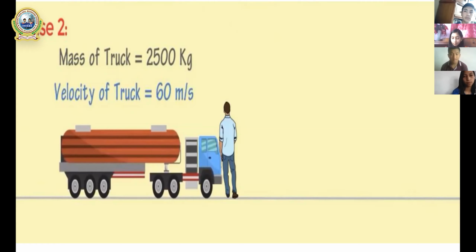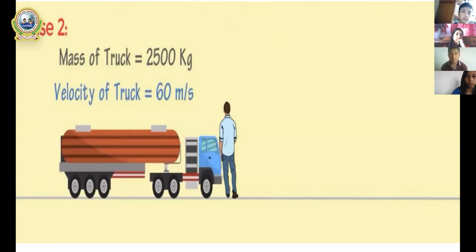People die because of the large momentum of that truck. The momentum of the truck is 1,50,000 kg meter per second, and the momentum of the bicycle was 3000 kg meter per second. Numerically, the truck's momentum is much more, and obviously if you get hit by the truck, there is less chance of surviving. So this way we can find momentum.